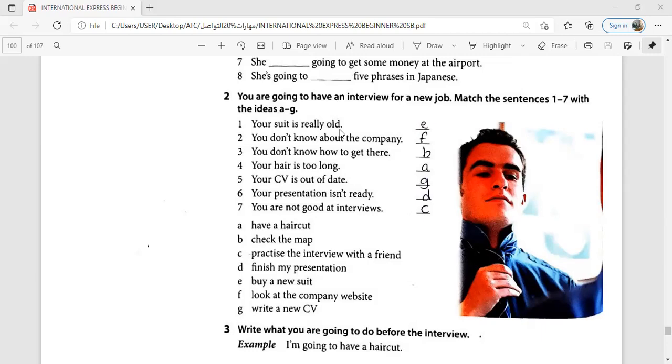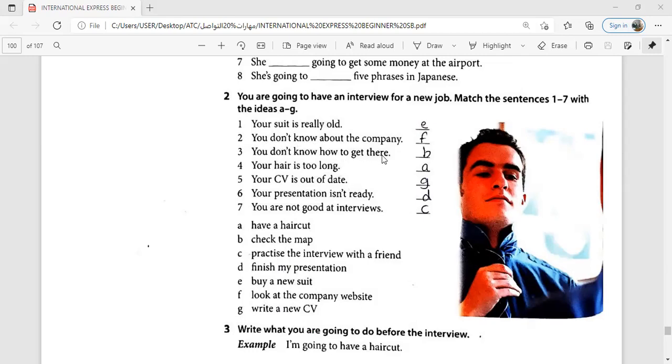What do you say to him? I'm going to buy a new suit. Your friend says, you don't know about the company. So what do you say?